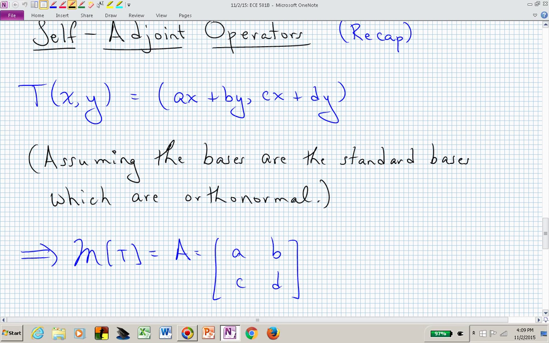Now, you should by Wednesday be very comfortable with finding the matrix representation of that linear map. That is now this 2 by 2 matrix A, B, C, D. And that linear map then, when applied to the vector xy, gives us the new 2-vector ax plus by and cx plus dy in the second coordinate.